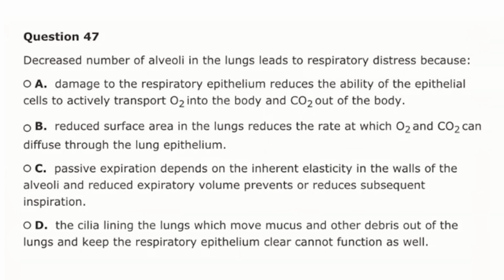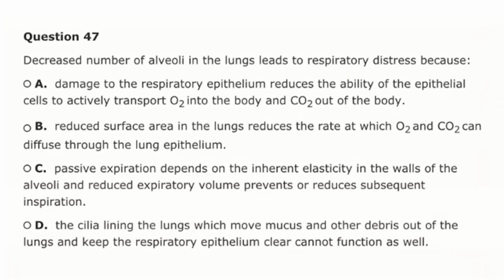That's where a lot of this O2 exchange can come from. So the role of alveoli is to help increase the surface area. Then we have B, reduced surface area in the lungs reduces the rate at which O2 and CO2 can diffuse through the lung epithelium. If you have a decreased number of alveoli, you're going to have reduced surface area. So B immediately stood out to me.